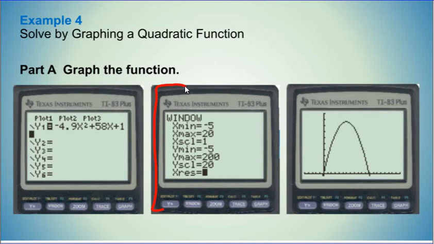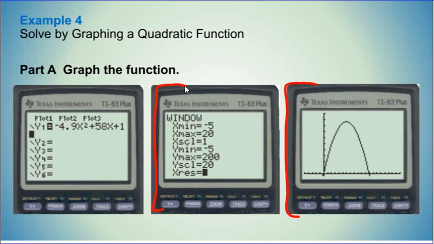The x maximum is 20, scale of 1. The y minimum is -5, and the maximum 200, which I just estimated. Somebody hitting a pop-up 200 feet in the air is pretty high. Y scale counting by 20. Then when you hit graph, you can see what the graph looks like here.